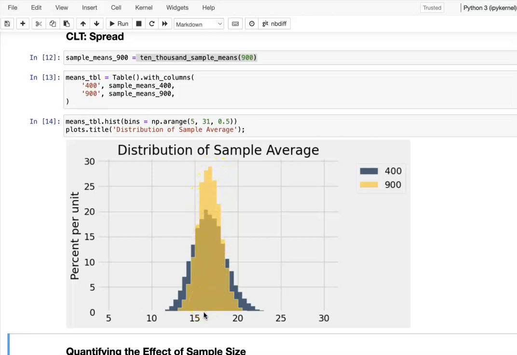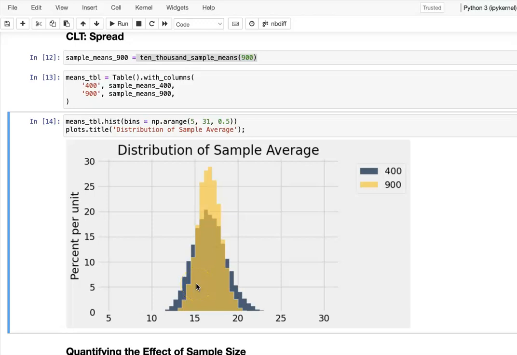But one thing different is they have a slightly different width. For the sample size 900, we can say the center is about here. The 400 center is actually around that area as well.